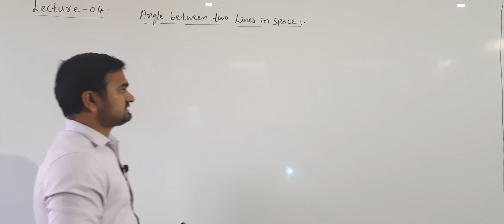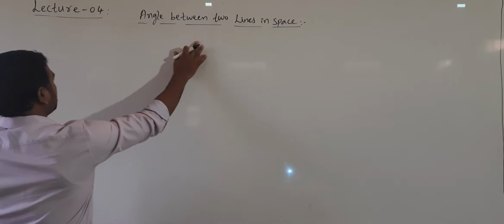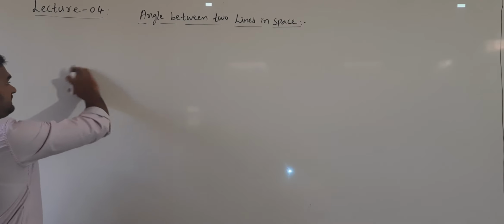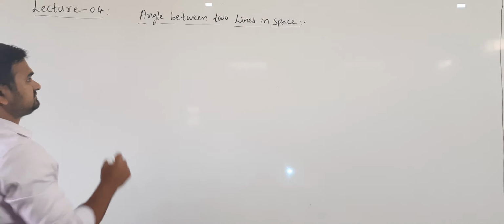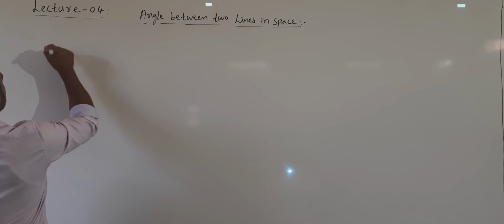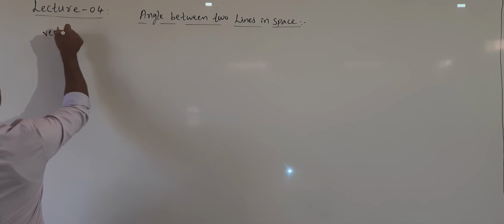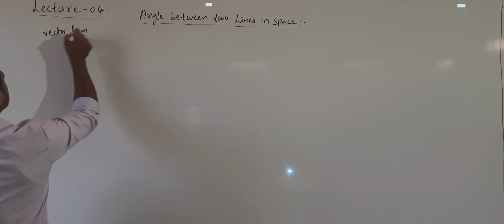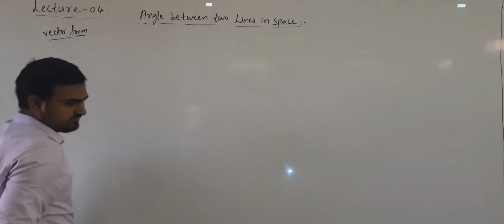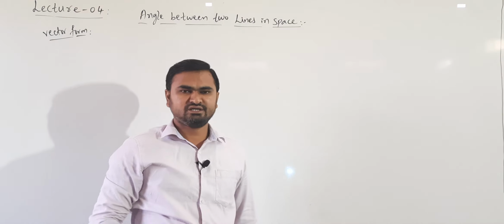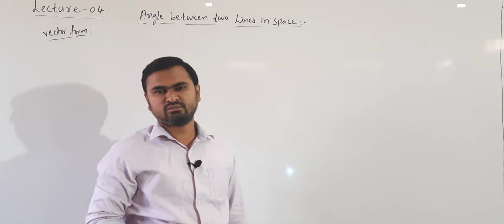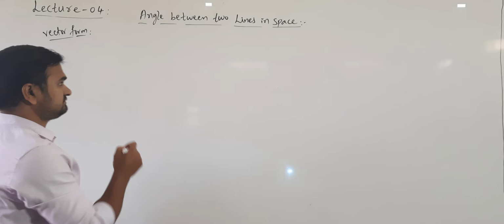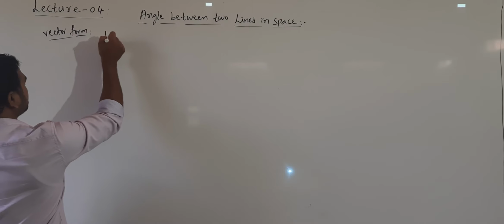Let us take two lines. Now we will be studying both the vector and Cartesian forms of lines. First we will study the vector form. Everything in 3D we will be studying in two forms: one is vector form, another is Cartesian form. So in vector form, suppose we have two lines.